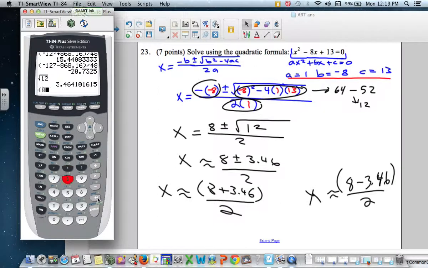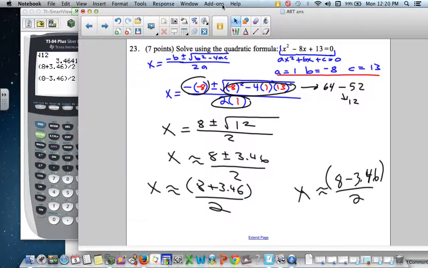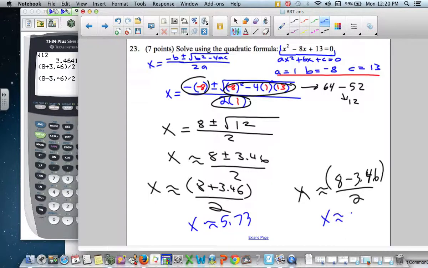So I've got 8 plus 3.46 divided by 2, and 8 minus 3.46 divided by 2. So my two answers are approximately 5.73 and 2.27. Make sure you show all your work for that.